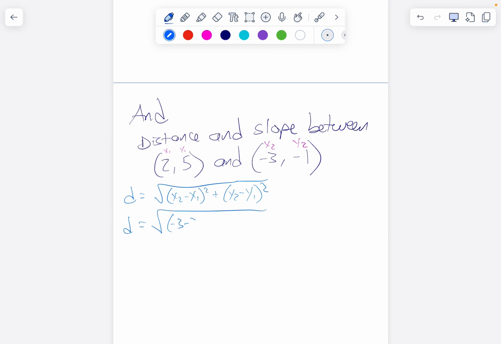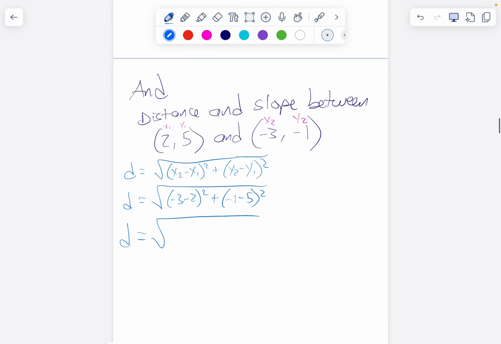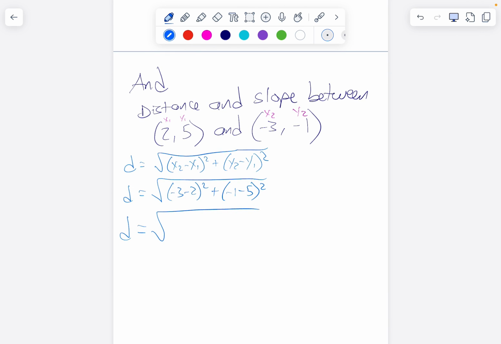So we'll go negative 3 minus 2 squared and negative 1 minus 5 squared. What's negative 3 minus 2? Negative 5. And negative 1 minus 5? Negative 6.